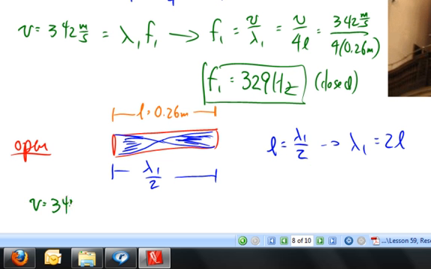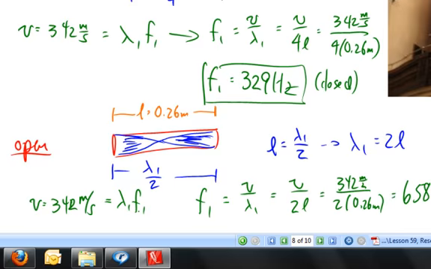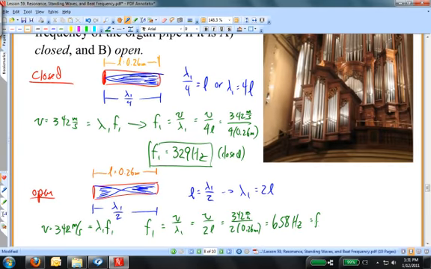Now I still have a speed of 342 meters per second. And the speed is equal to the wavelength times the frequency, but now we're doing it for an open pipe, so I've got to put in what the wavelength is for the open pipe. Solve that for the frequency. I get that the fundamental frequency if the pipe is open is 658 Hertz.